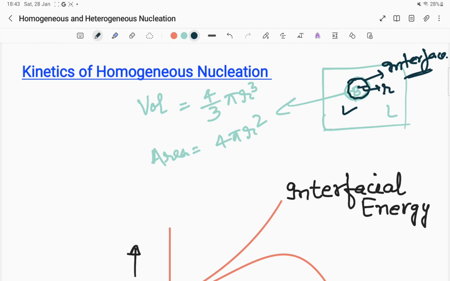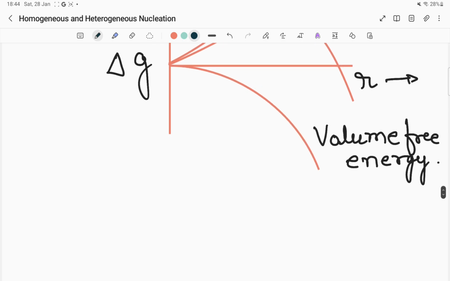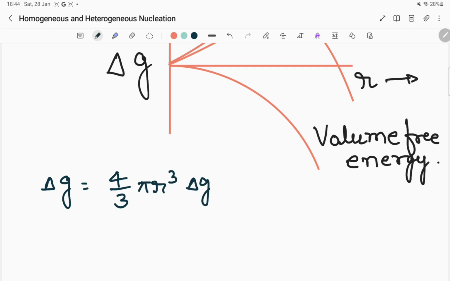So interfacial energy will also contribute in this mechanism of solidification. Now consider a spherical nucleus of radius r, volume transferred. So what is the exact equation which will make the entire solidification mechanism easy to understand? That is delta F, or we can take delta G also. Delta G is equal to 4/3 pi r cube delta G_v, where delta G_v is the volume transferred. So we are coming from liquid to solid, so delta G_v should be less than 0.